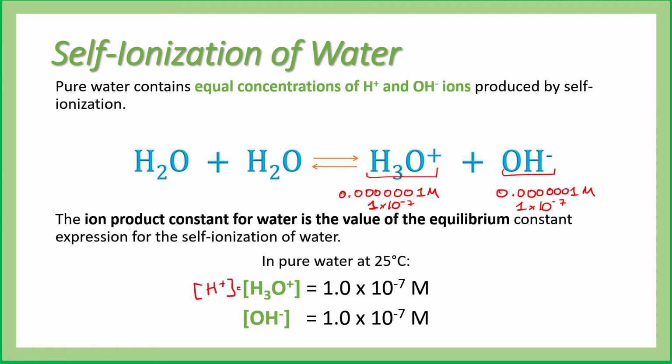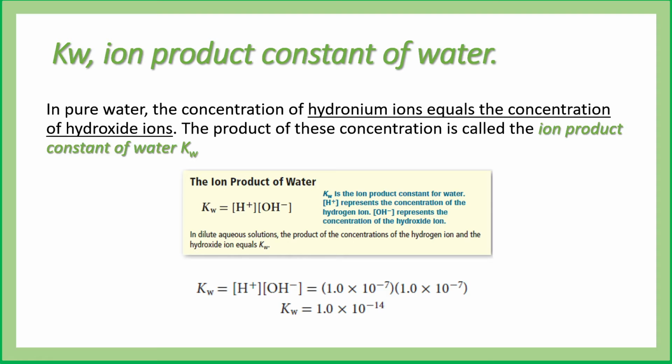So we have something called the ion product constant of water, and it's a value of the equilibrium in this self-ionization process of water. This ion product constant of water is abbreviated as Kw. And it says that the hydronium ions or hydrogen ions equal the concentration of hydroxide ions.